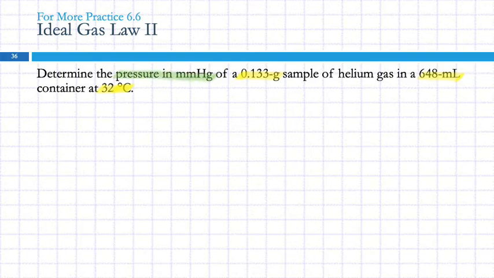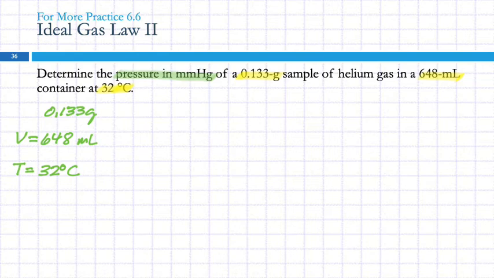Things were given, things we're looking for. So I've got 0.133 grams. I've got 648 milliliters. I've got 32 degrees Celsius. Well, that's a temperature. This is the volume. And that's a mass. PV, n, or T. n is amount of gas in moles.